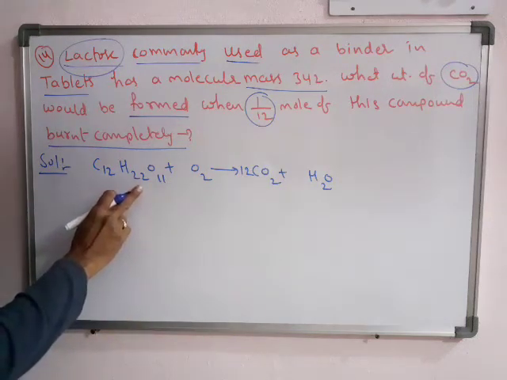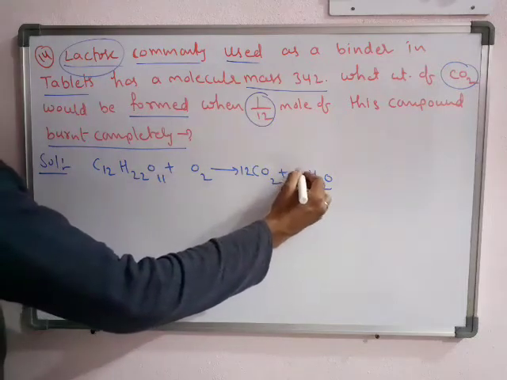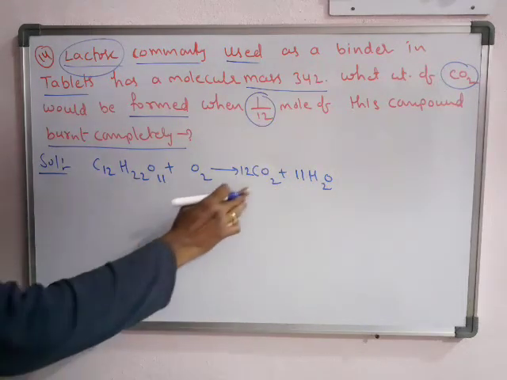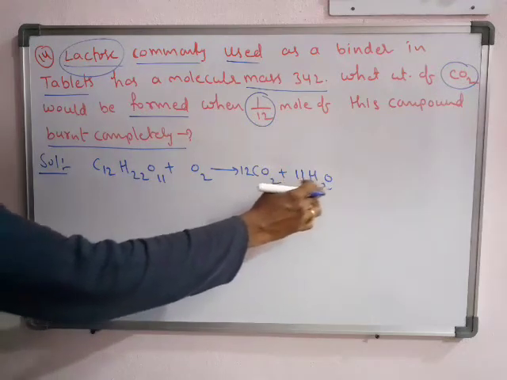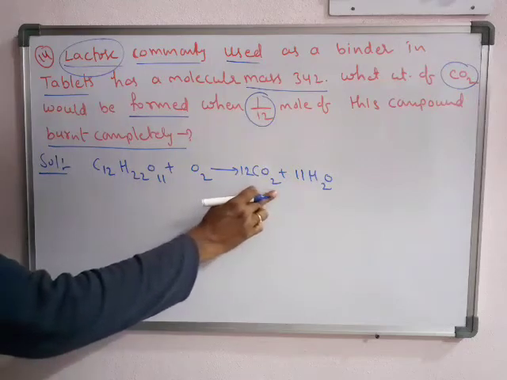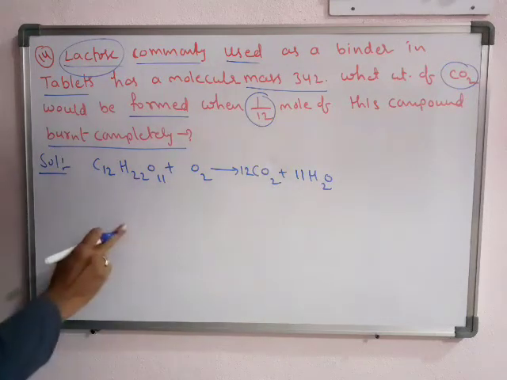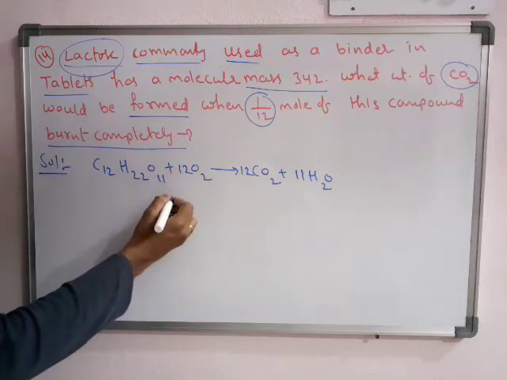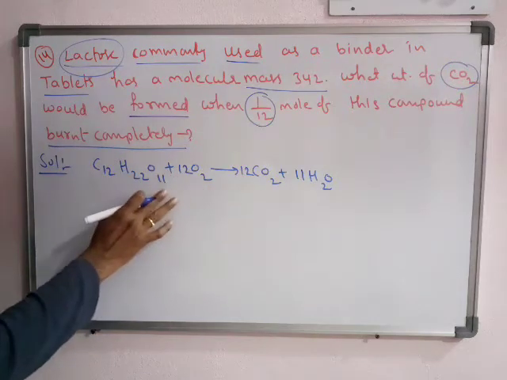How many hydrogens? 22 hydrogens, so make it 11 H2O. Then we count the oxygens on both sides to balance.